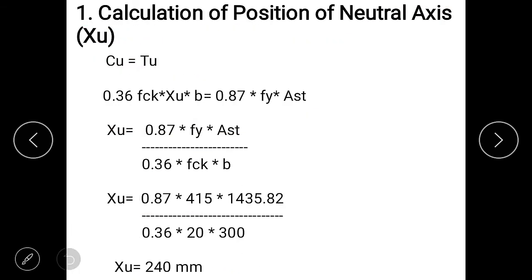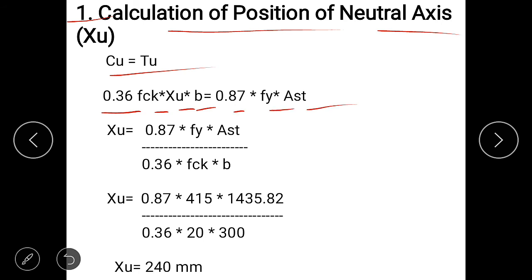Okay, so the first step is calculation of the position of the neutral axis. The formula is Cu equals T. So 0.36 Fy into Xu into B equals 0.87 Fy into AST. We have to find Xu.